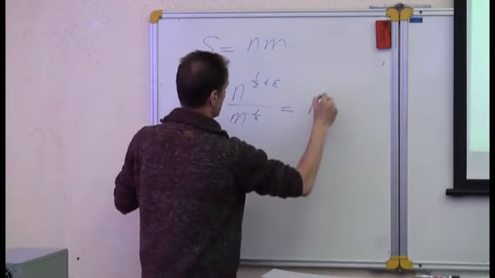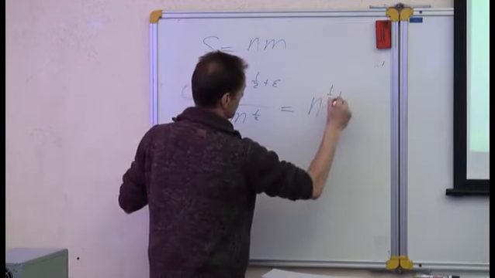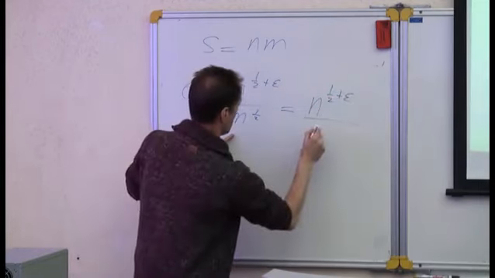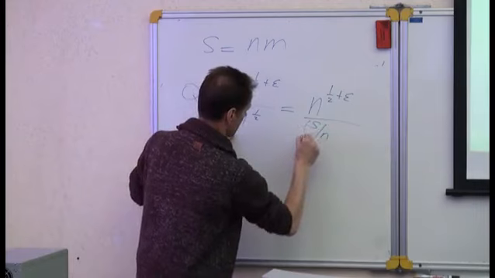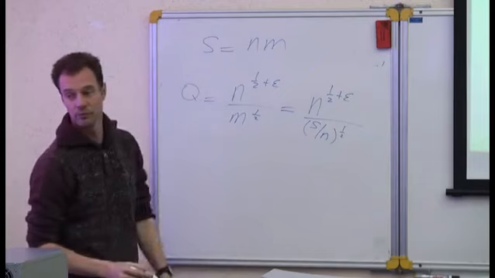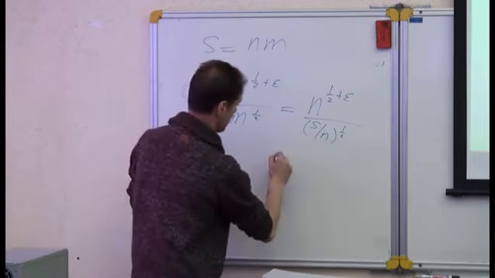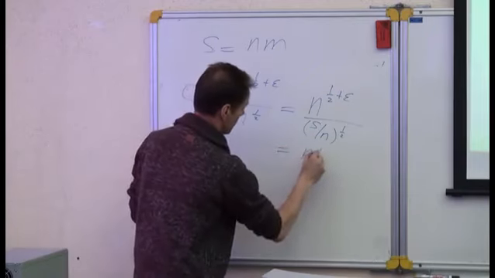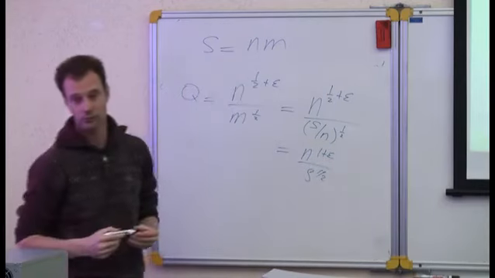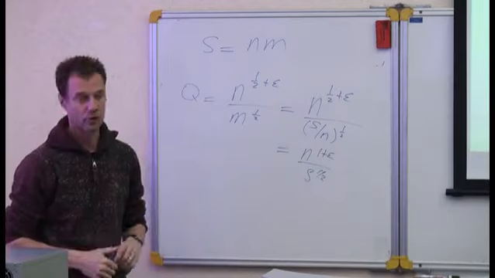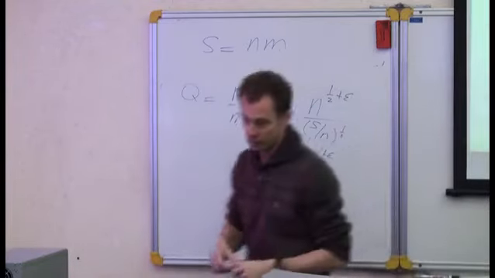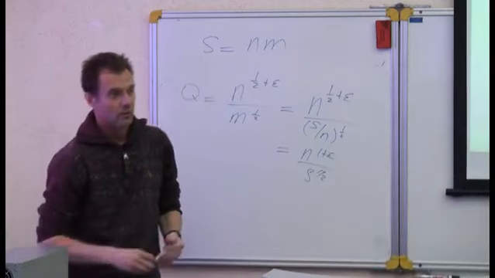So I get divided by S over n to the 1/2, which is n to the 1 plus epsilon divided by S to the 1/2. So this is not a different result, it's just written in a different way.